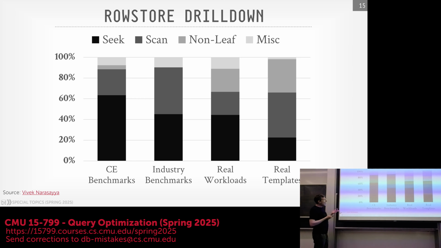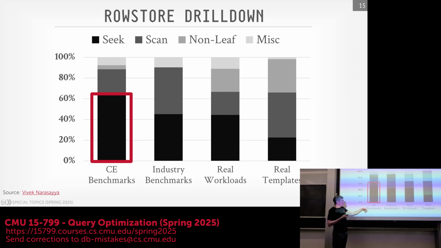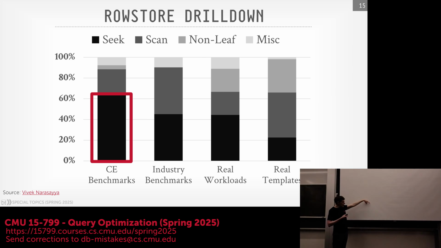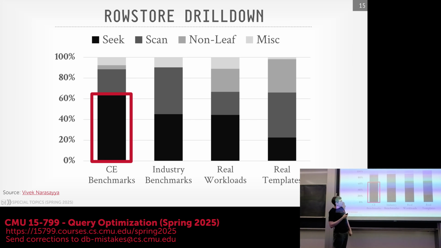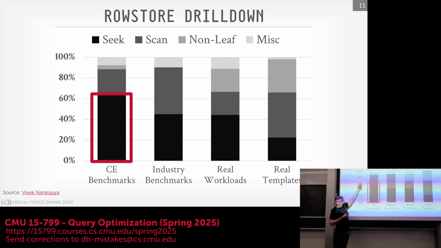The first thing to point out is that for the cardinality estimation benchmarks, JOB, Stats, and CEB, determining whether you actually want to do an index scan or not makes the biggest difference. It's a pretty sizable percentage of the queries, over 60%, getting the benefit because you're choosing not to do an index scan and instead doing a sequential scan.